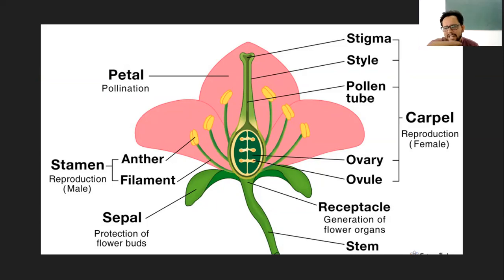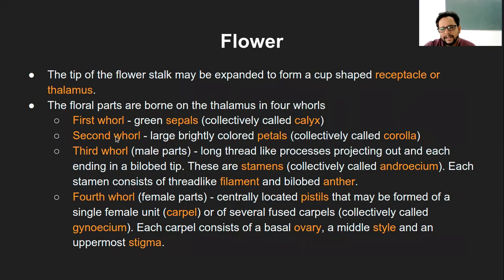So there are several types based on the arrangement of these petals, and they are usually brightly colored. The purpose is that they need to attract insects for pollination, so that fertilization can happen and seed formation can proceed. So that is the petal individually, and when they are present together, they are called the corolla. So that is the second whorl. First whorl sepals, calyx; second whorl petals, corolla.